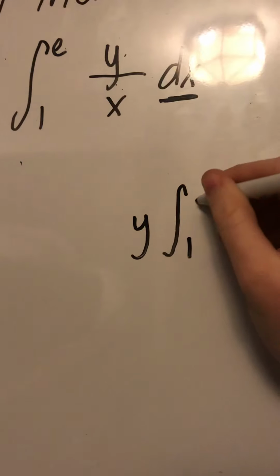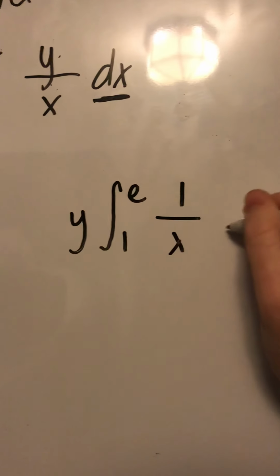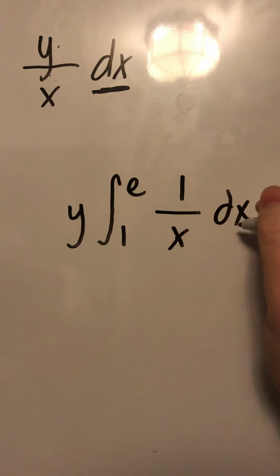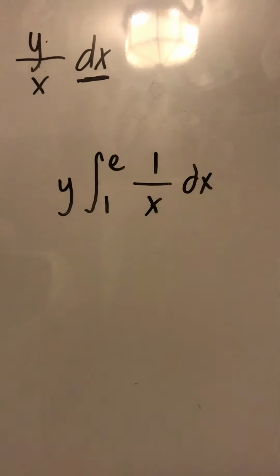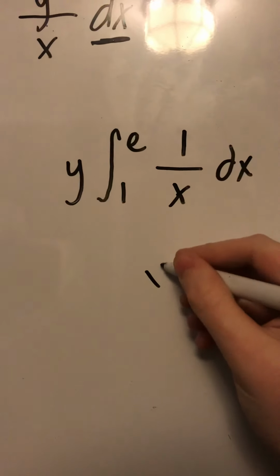which means I'm going to go ahead and move that outside so this is easier to see. That's supposed to be an x. And from here you can see that the integral of 1 over x, of course, is ln x.